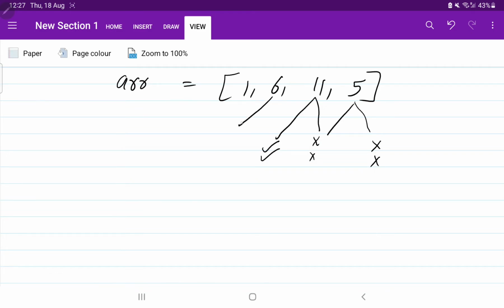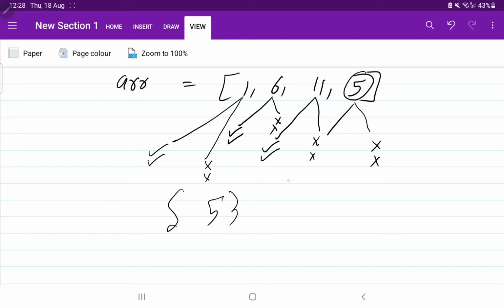Then for the third element, and then for the fourth element, should we take it into the first subset or not? This is the decision that we have to make. Should we choose 5 in the first subset or not?